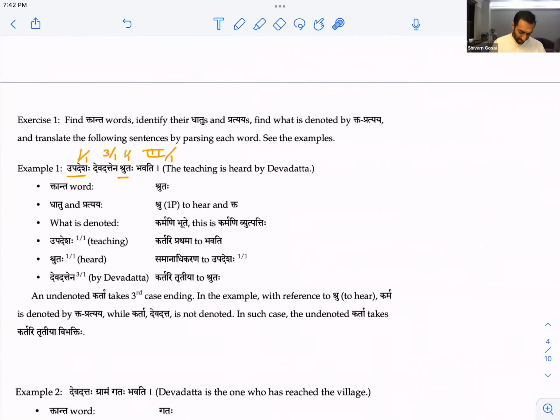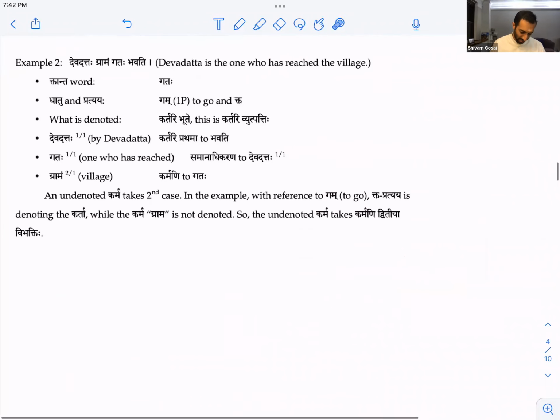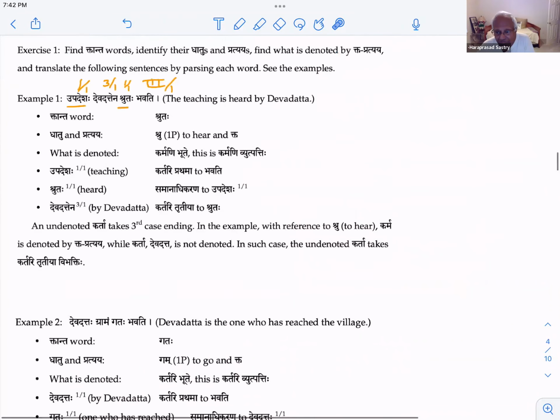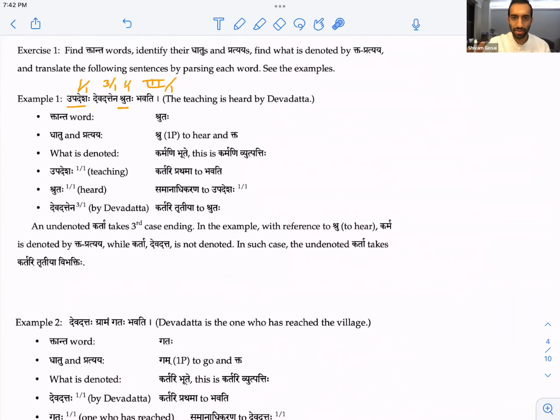Let's look at some sentences. Wanting to spend some time here. Mahodaya, please go ahead. Can you hear me? Yes, I can hear you. It does not become ka, it depends on the sthana, right?